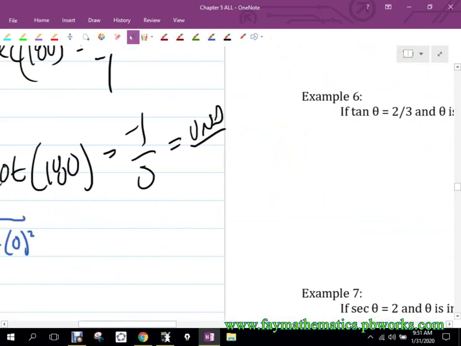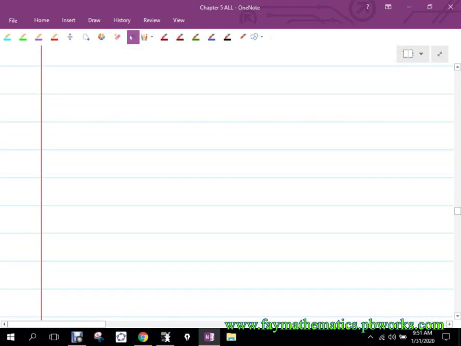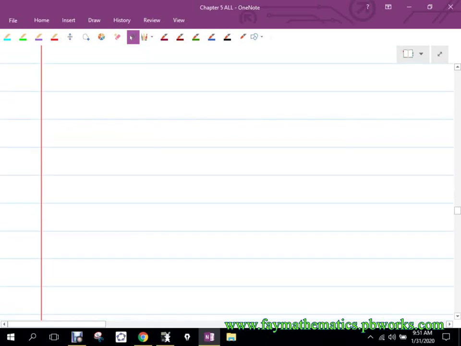So one of the questions, so Blaze, give me that question that you had. Actually, let's do this. Somebody wanted to go secant of theta in terms of sine. You do it the same way.